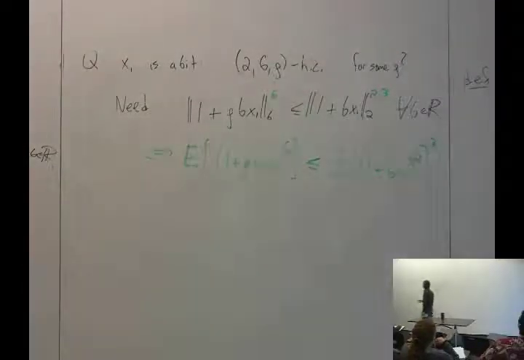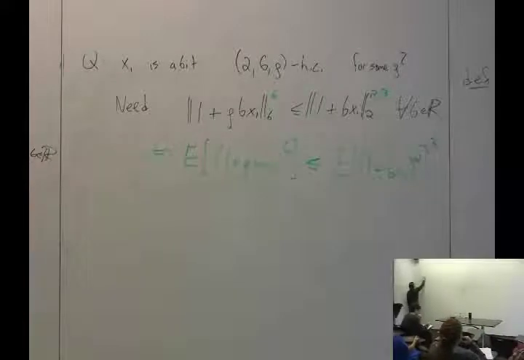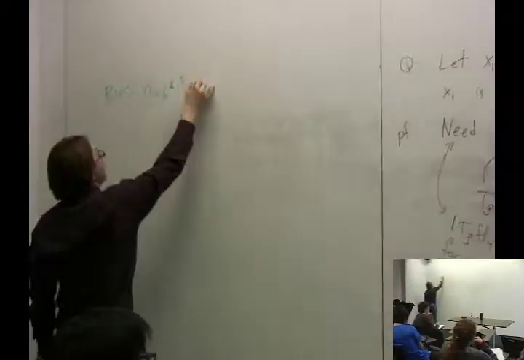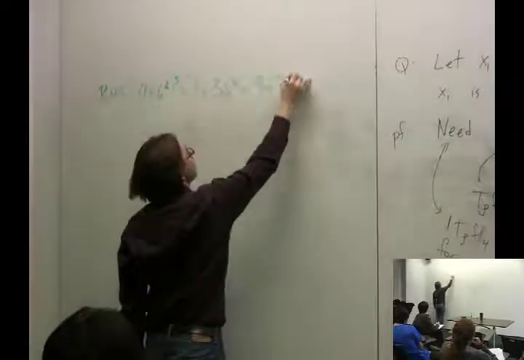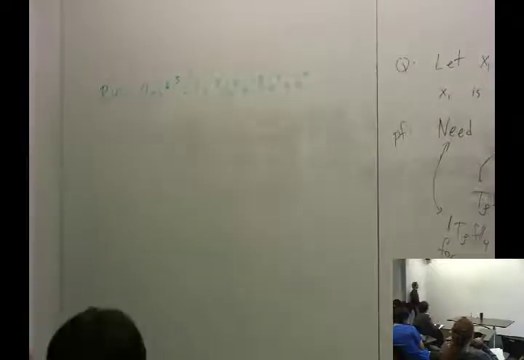Or you could just do it out. So the right-hand side here is (1 plus b squared) cubed, which is, I guess, 1 plus 3b squared plus 3b fourth plus b sixth. See, that's an example of some terrible orthography.